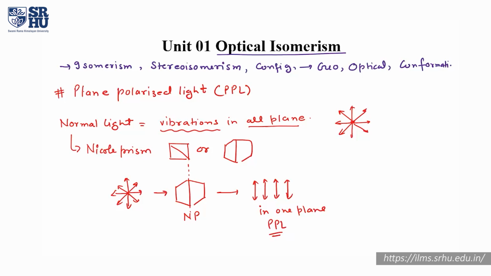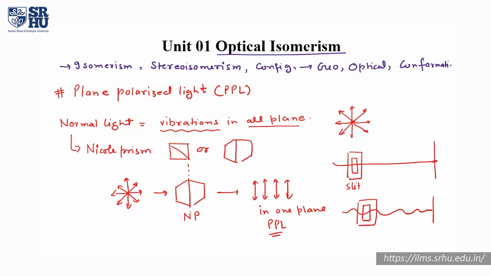You can understand the concept of plane polarized light by a simple analogy. Suppose a rope is attached to a wall through a slit like this, and this slit is vertically aligned. So you can wave the rope only in the vertical direction.